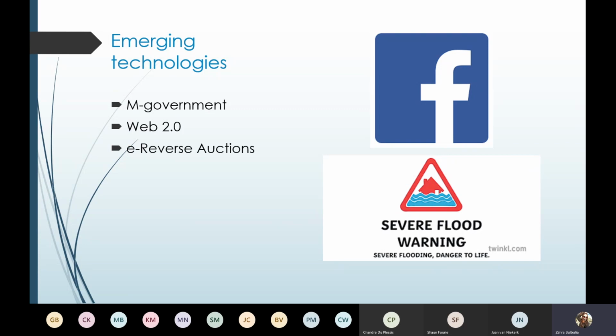And this basically has brought about such a change in terms of reach, in terms of getting so much more of the public to be able to embrace e-governance. And the way you can harness m-government or mobile devices to provide information to the public, well, one way is you can basically have situations where you can offer immediate and direct access to time-sensitive information. So an example of this would be a flood warning.